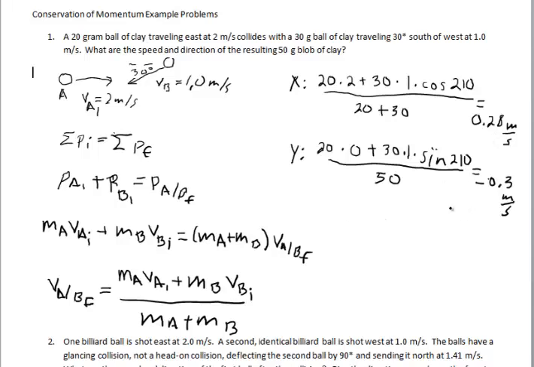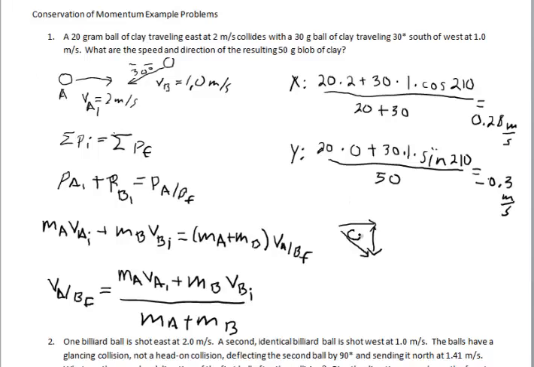So let's see, positive x, negative y. After this collision, we're going this direction. Positive x, negative y, so the net is down and to the right, which could make sense. Maybe this one is going faster and has more momentum, so that would cause this to go down after they join together.